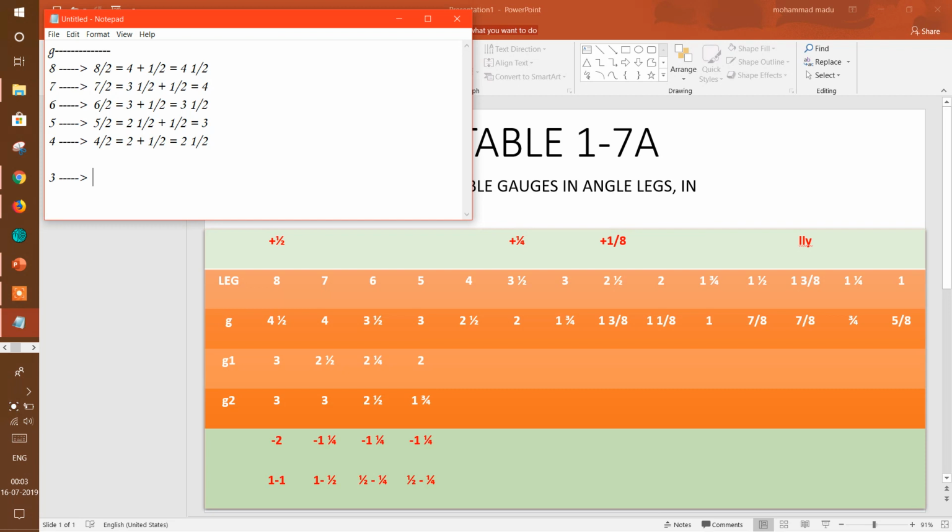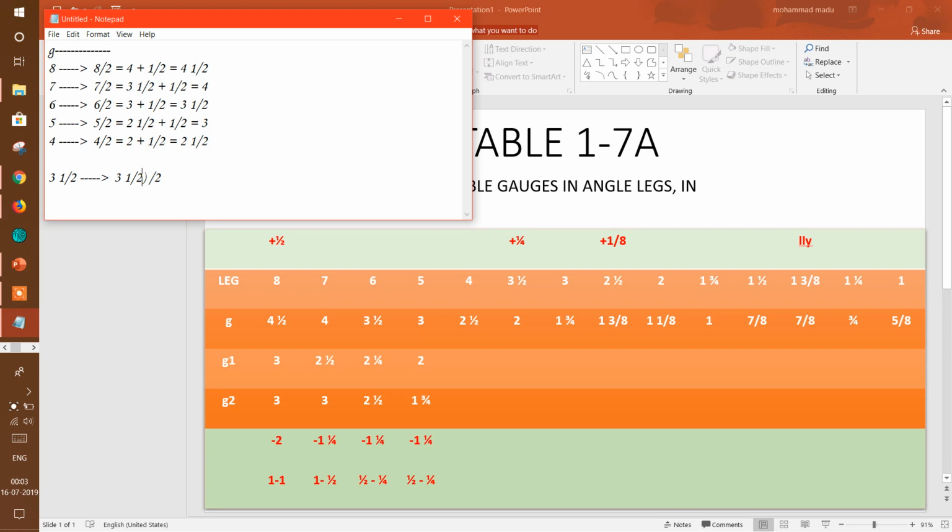And now 3. Sorry, this is not 3. From 3 you're going to get 3 1/2. Everything is off, so you might get confused.